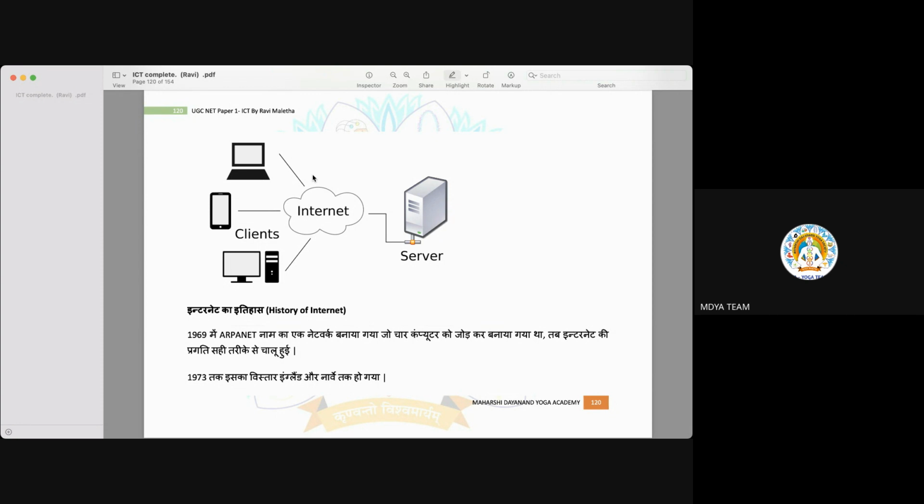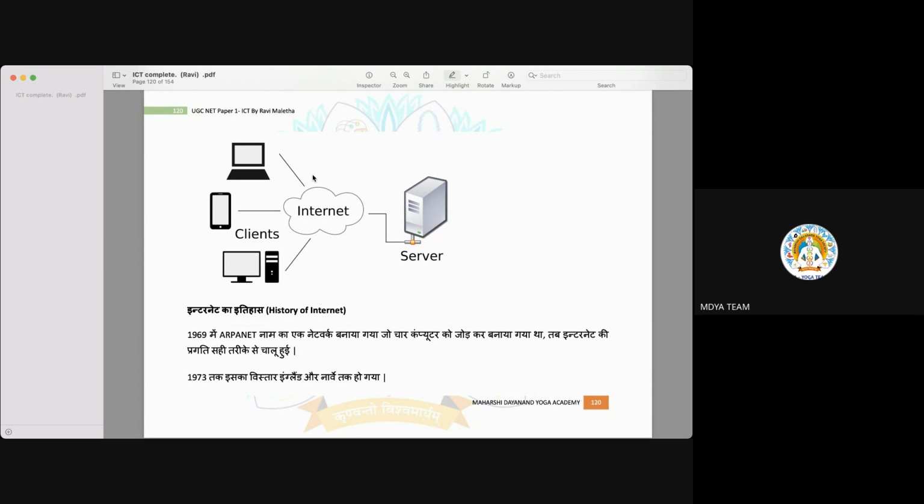The origin of the internet derives from the Advanced Research Project Agency Network, that is ARPANET, a network developed by the US Department of Defense.